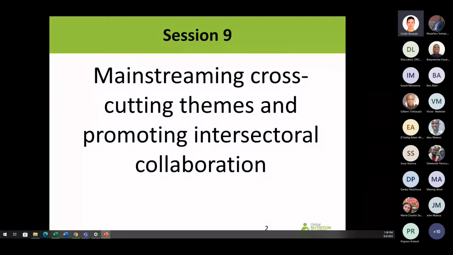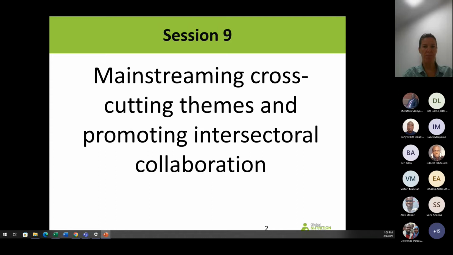So here we're going to take just half an hour to appreciate a little bit how important it is to take key cross-cutting themes into account and promote intersectoral collaboration throughout the planning process.